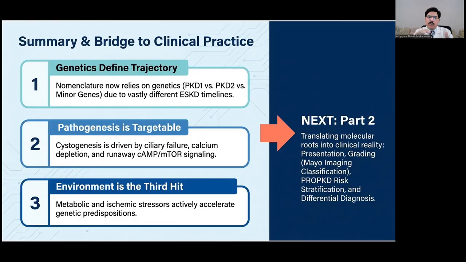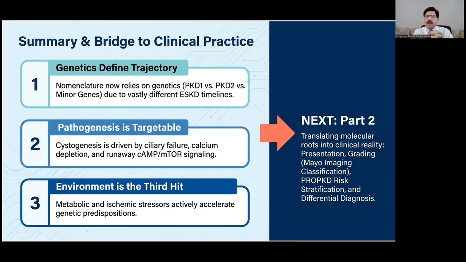Now, once I know the genetic profile, I have various options of treating that failure, like ciliary failure, calcium depletion, runaway cyclic AMP, or mTOR signaling, any one of those can be targeted by treatment. And I can control the cardiometabolic risk factors very well and reduce the metabolic and ischemic stress on the already genetically damaged kidneys. That will reduce the progression.